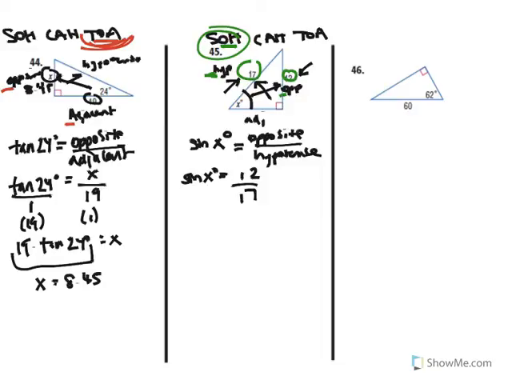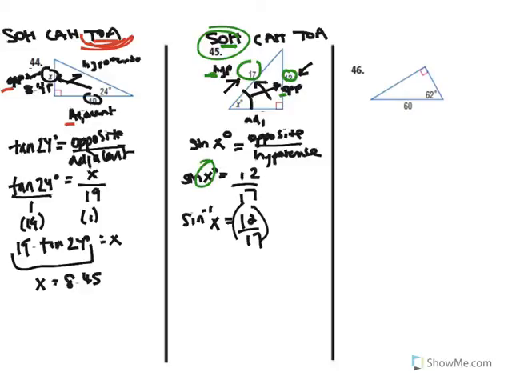Now, if I ever have x as my angle, I need to use the sine -1 function on my calculator. So usually you have a button for sine, and then if you hit second, you'll have the button for the inverse of sine. So we get x equals sine -1 of 12 over 17.